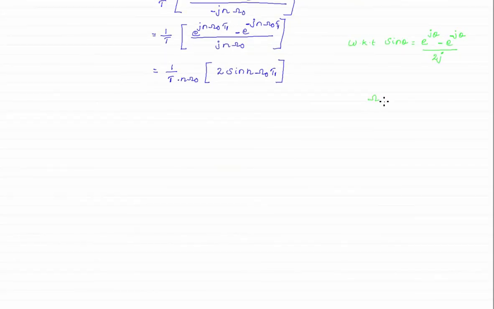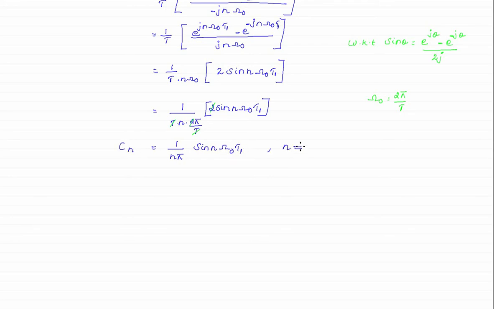Also we know that the angular frequency omega naught is equal to 2 pi by T. So in the denominator we are going to replace omega naught by 2 pi by T. So T and T will be getting cancelled. Similarly 2 and 2 will be getting cancelled. Now Cn is equal to 1 by n pi sin n omega naught t1. This is true when n is not equal to 0.